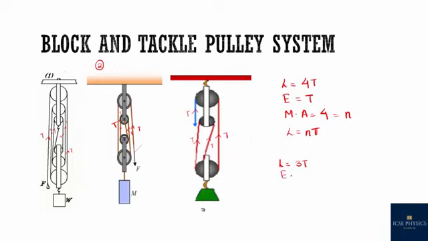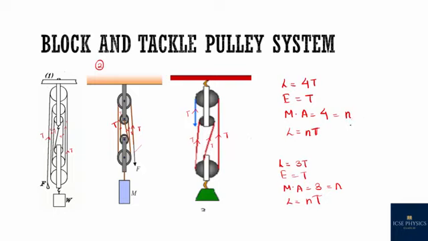Effort is only 1T. So what will be the mechanical advantage? It will be 3, which is equal to the number of pulleys. So load is number of pulleys into tension, right? So mechanical advantage here is equal to the number of pulleys in both the blocks.